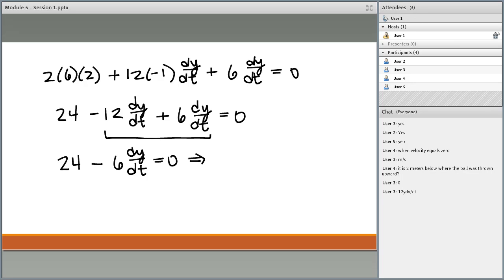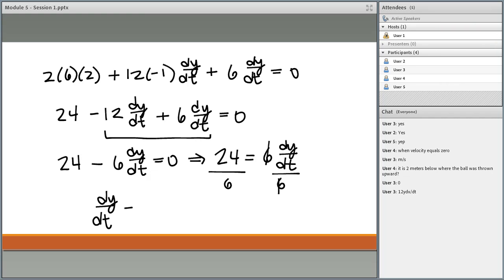I will add the 6 dy/dt over to the right. So I have 24 equals 6 dy/dt, and the last thing to do is just divide over the 6. And I get 4.